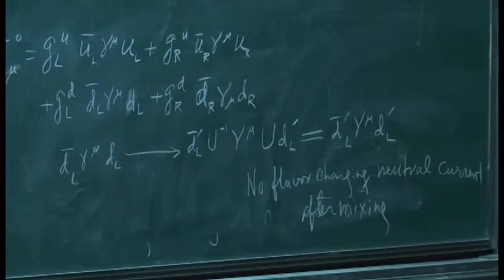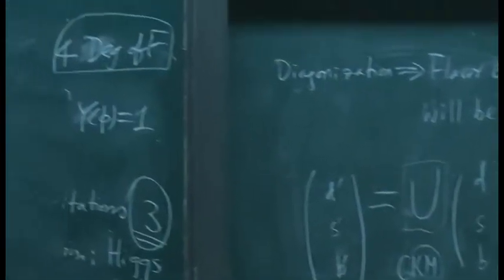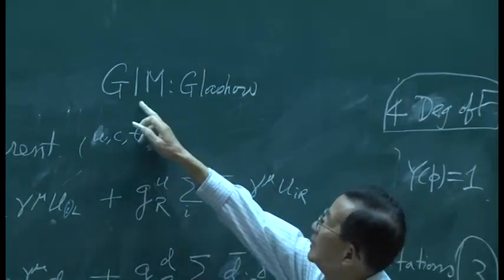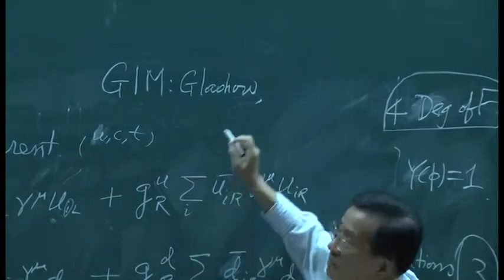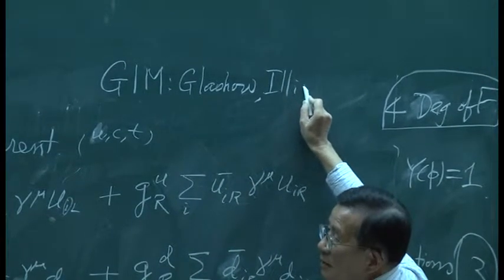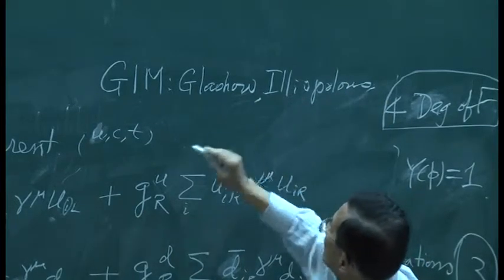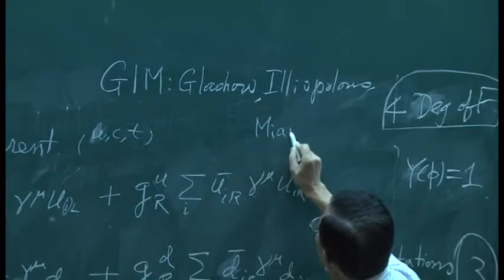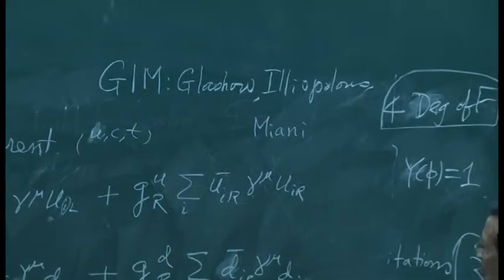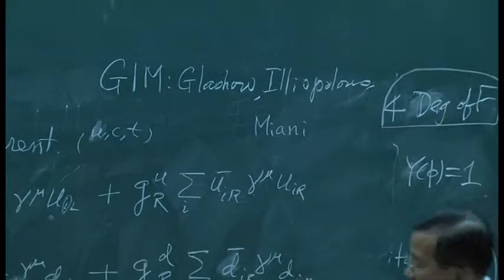When Glashow, Iliopoulos, and Maiani, he's Greek, I don't know how to spell his name, when they proposed the idea, at that time the charm quark was not discovered, or the b quark was not here.